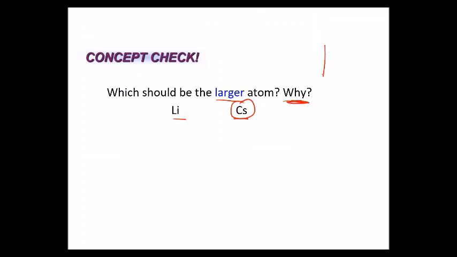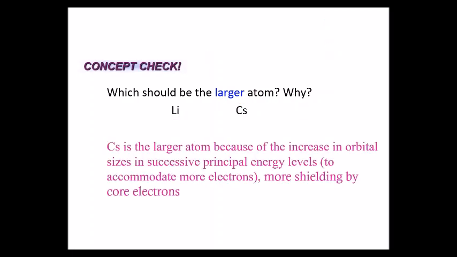Now we have to explain the why. So going down the group, what's the reasoning there? What do we need to look at? More energy levels, more principal energy levels, more shielding, yes. Farther distance, all of those things are good things to cite. So it's larger because of an increase in orbital sizes due to successive principal energy levels to accommodate more electrons, more shielding.